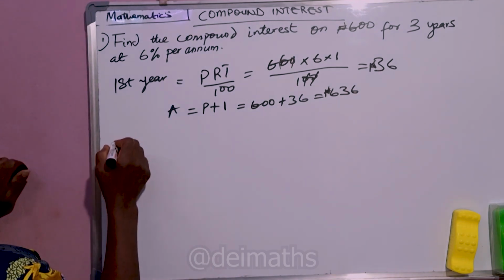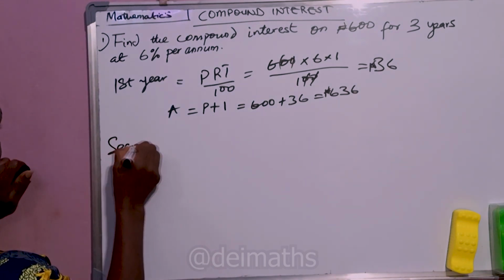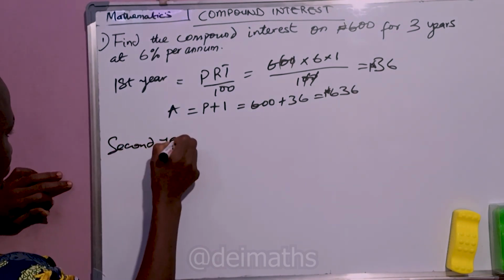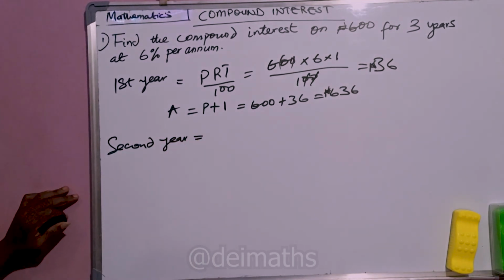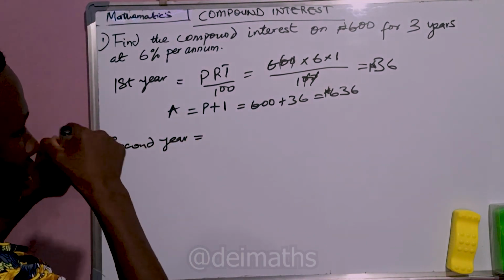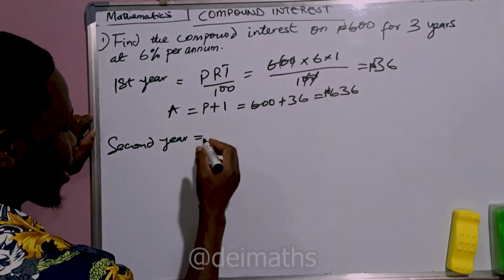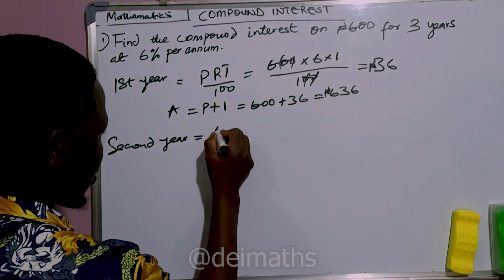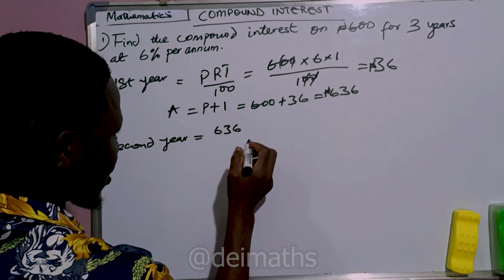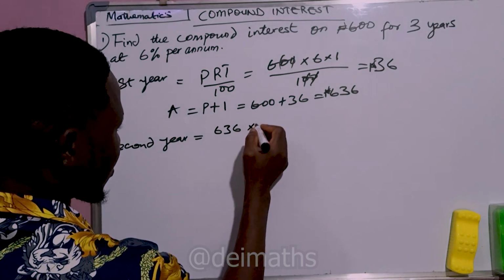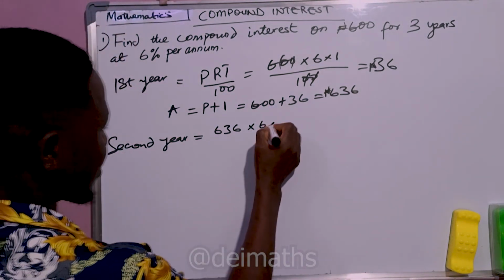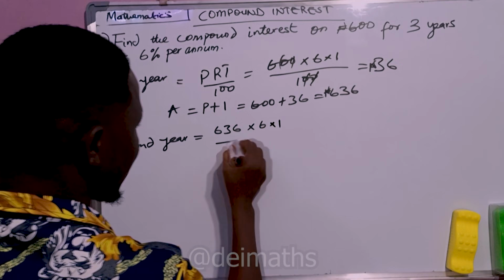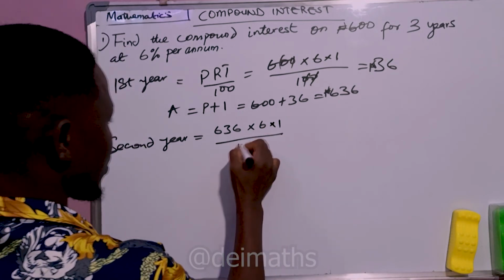So in the second year, our principal becomes 636 times our percentage, 6% times 1 more year, all over 100.